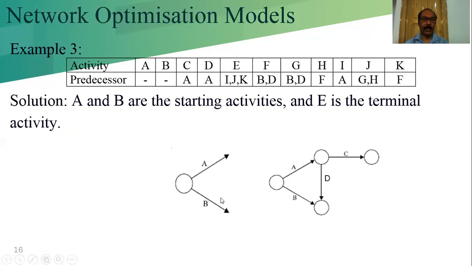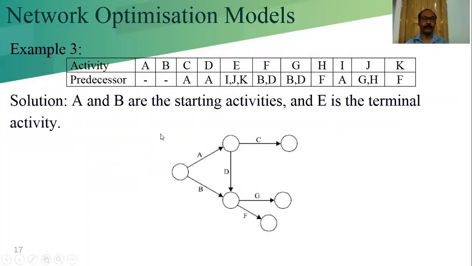A and B. From that we can see that D has the predecessor A, and C has the predecessor A. So from A, D and C. If we check, B and D are the predecessors of F and G. So from that we will get F and G, because F and G have the predecessors B and D. This part is complete.